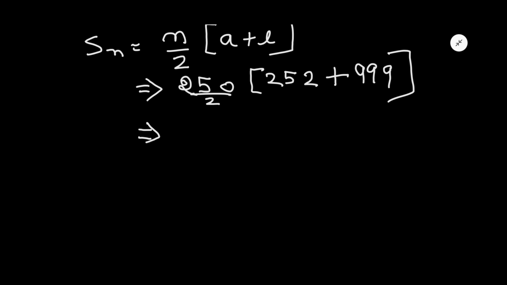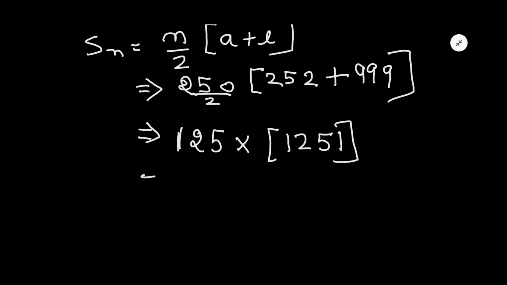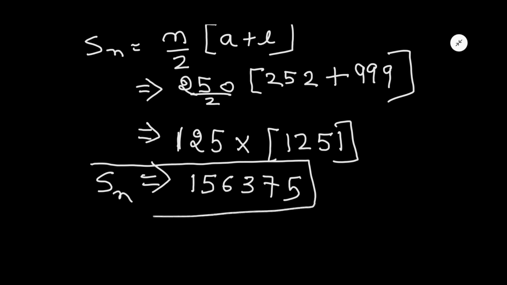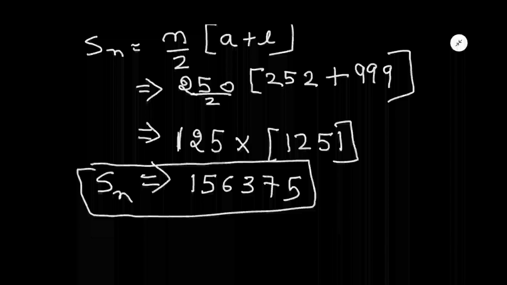So here 250 divided by 2 is 125, and 252 plus 999 is 1251, and 125 multiplied by 1251 is equal to 156,375. So the sum of this arithmetic progression comes out to be 156,375.